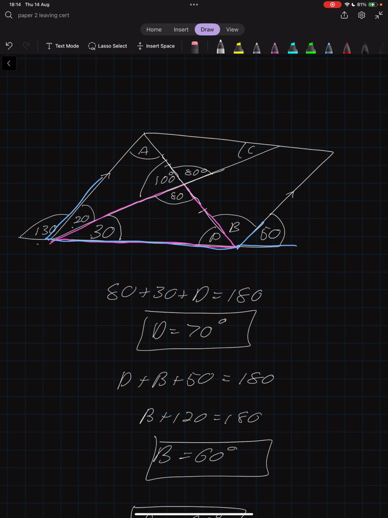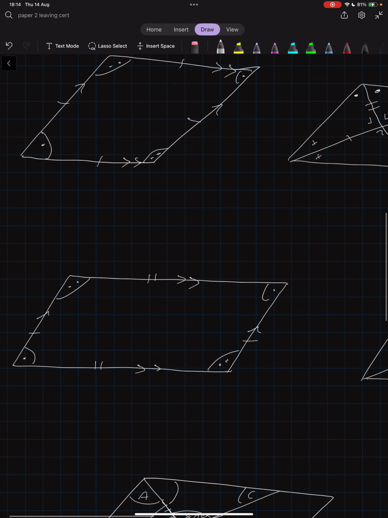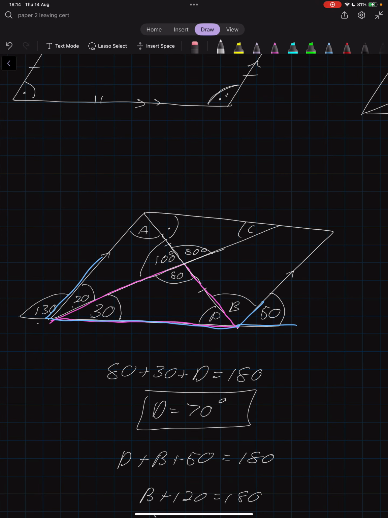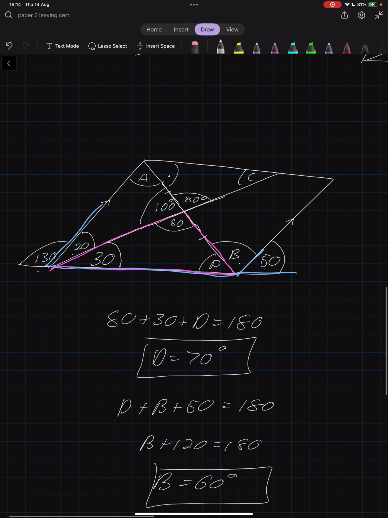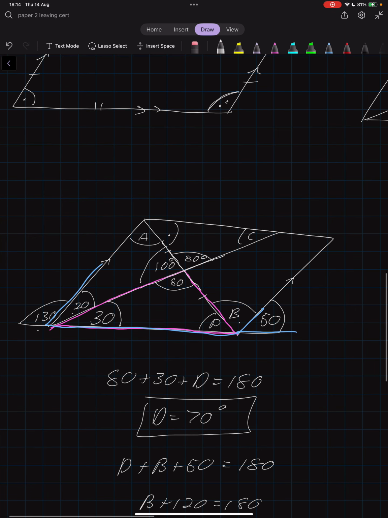All right, and then figuring out what C is, I can figure out what this angle is because remember from a parallelogram, the opposite angles are the same. Which means this angle plus A has to be equal to B plus D. Or even easier, here's a Z, because remember, this is parallel to this.